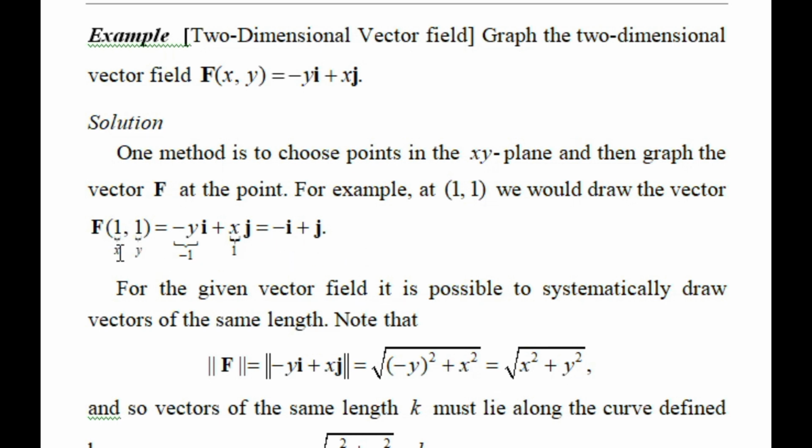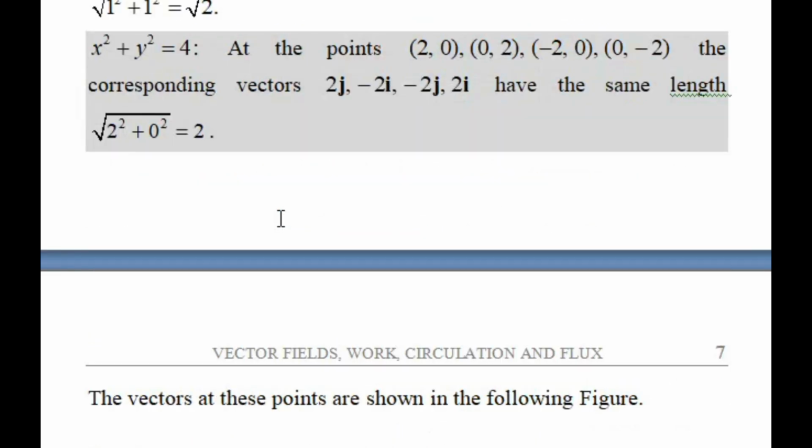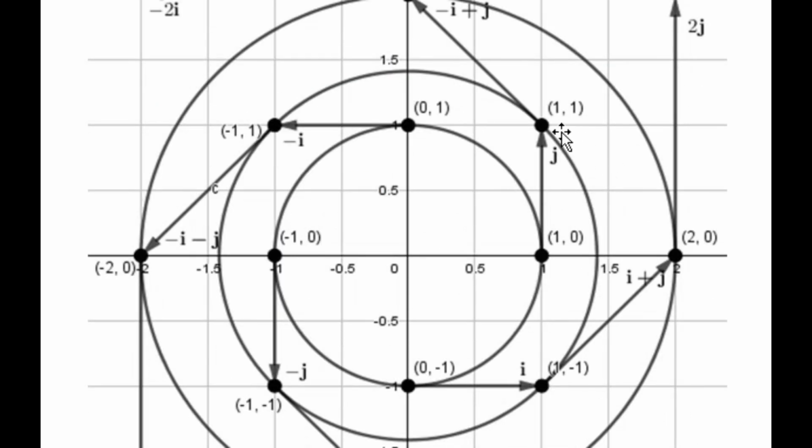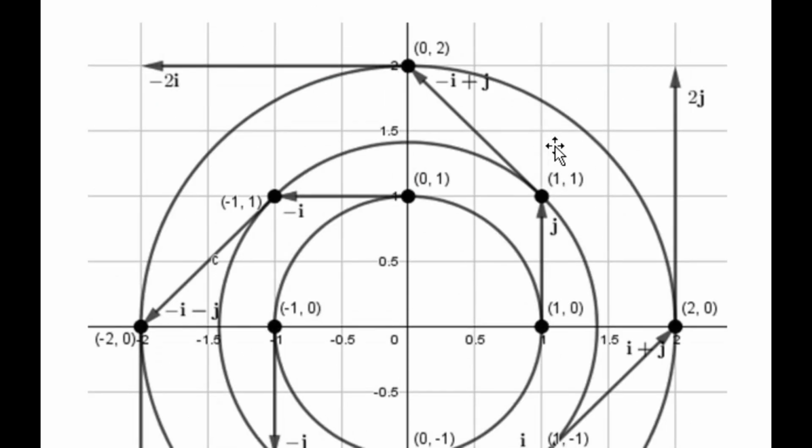That means at (1, 1), this vector field produces the vector negative i plus j. So we take the point (1, 1), and there we plot the vector negative i plus j.